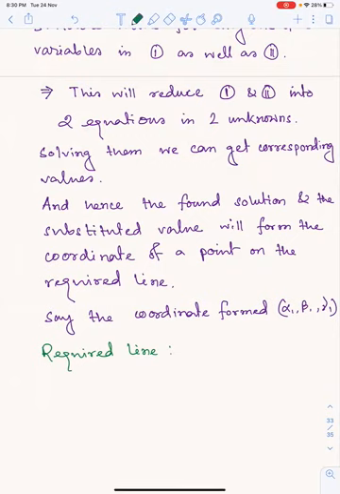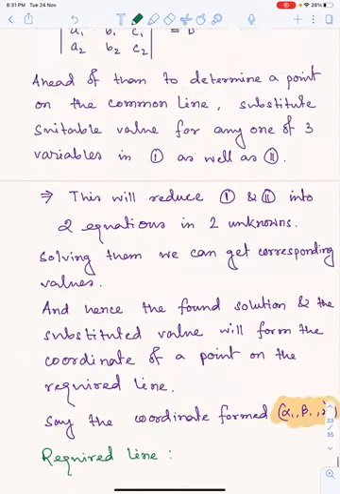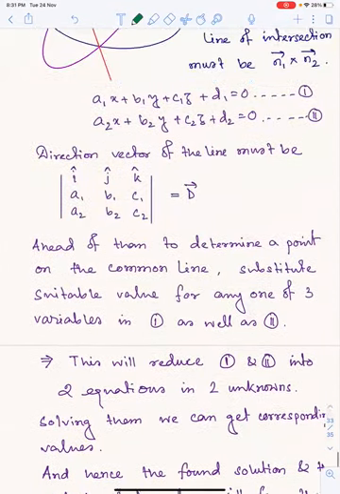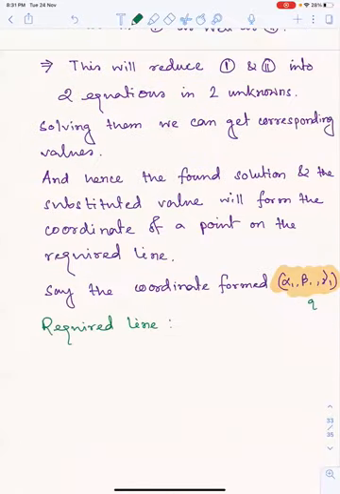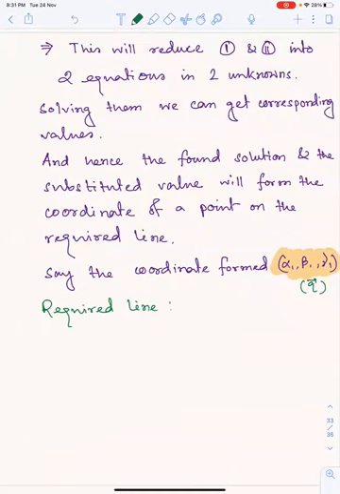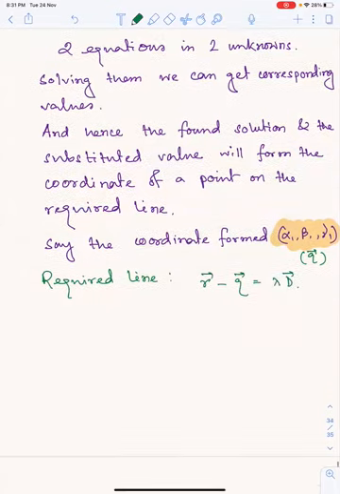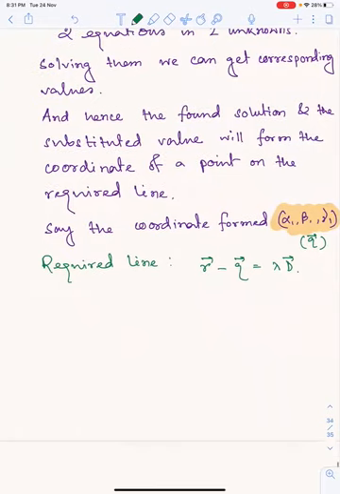This alpha 1, beta 1, gamma 1 is considered as a position vector. Since we have already used a vector, let this be some position vector q. So the required line will be r minus q equals lambda d vector. Is that okay with everyone?